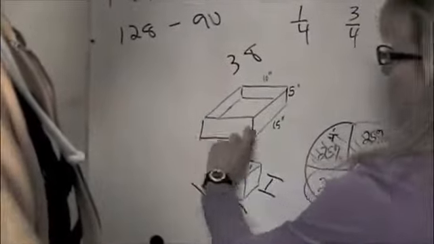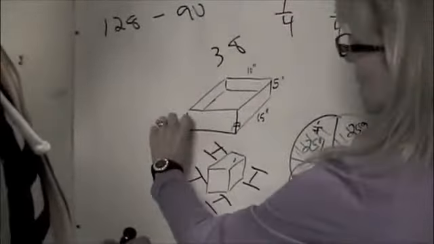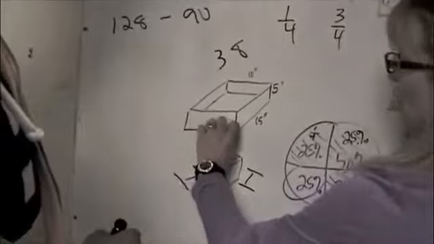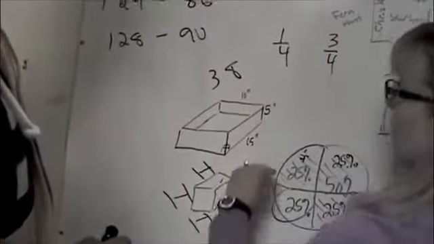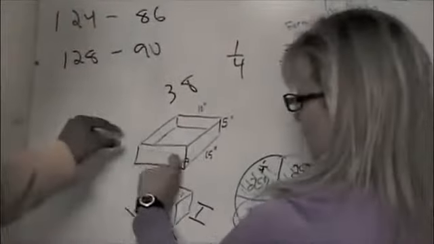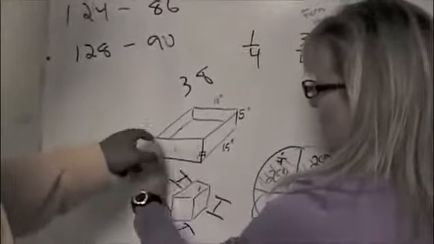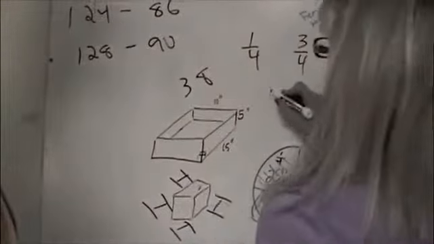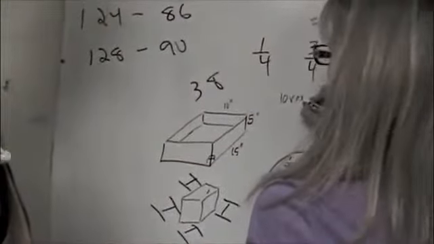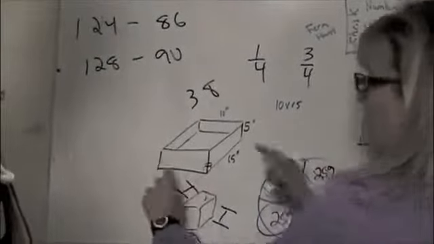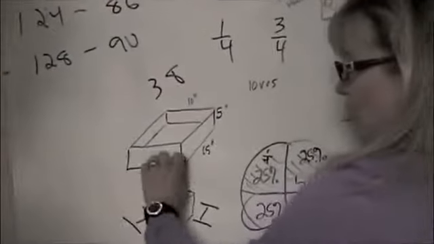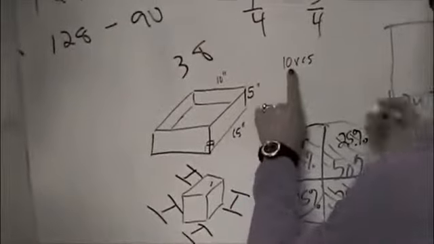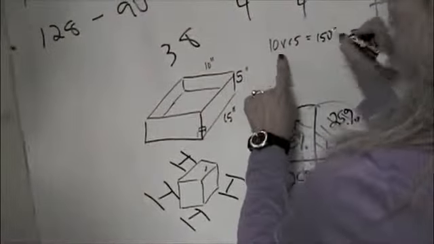There's a formula, but basically it's 10 across and 15 back, so 10 times 15 in one row gives me 150 cubes.